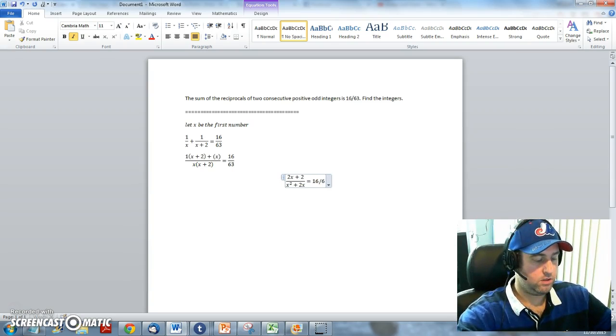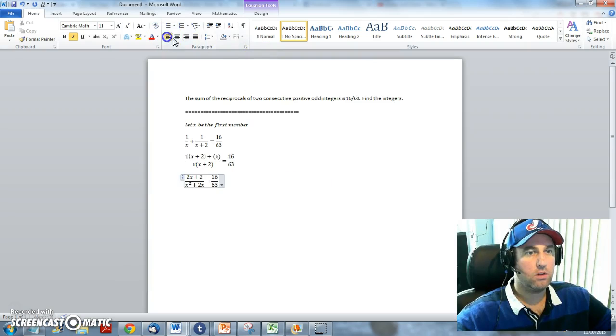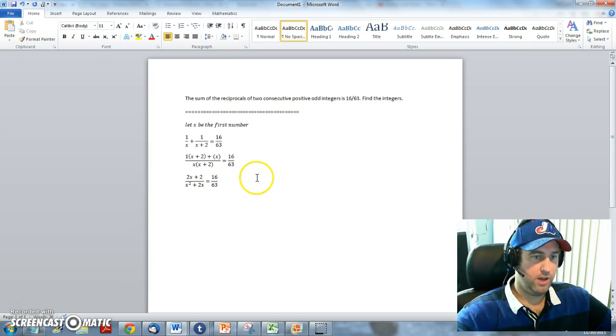So what I can do next here is actually do cross multiplying. Before, when I said cross multiplying, I meant to find the common denominator. Here, this is what people really refer to when they say cross multiplying, which is when we have an equation like this, we can go across to get rid of the denominator situation.